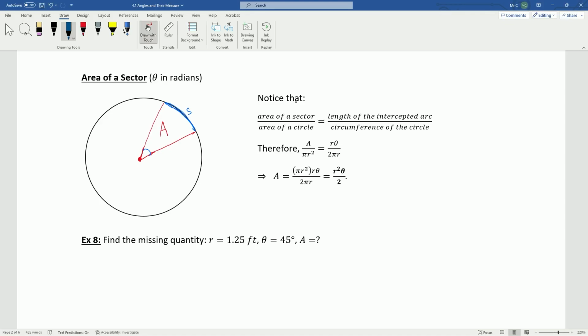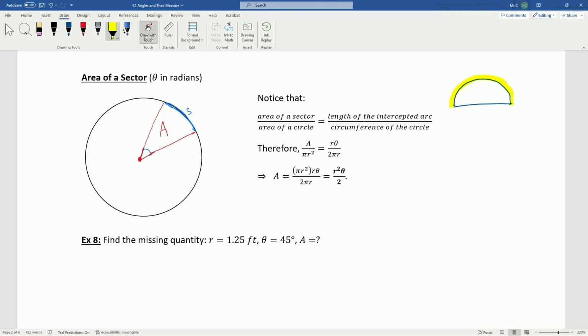So notice that the area of a sector divided by the area of a circle is equal to the length of the intercepted arc divided by the circumference of the circle. That seems like a weird thing to say, but it's actually very simple. If I look at half of the circle, the area of a half circle is half, and so is the circumference, or the length along the edge.